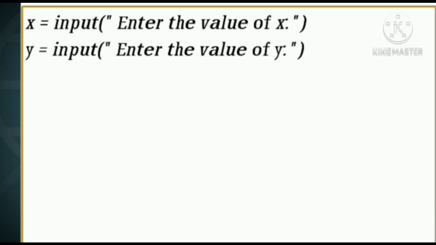And now the major step in swapping two variables is to create a temporary variable and swap the variables. So temp is equal to x. Friends, please start typing with me because it's easy for you.